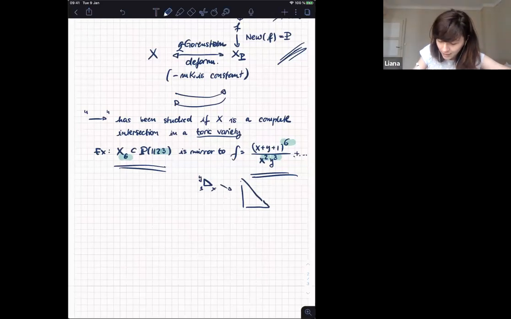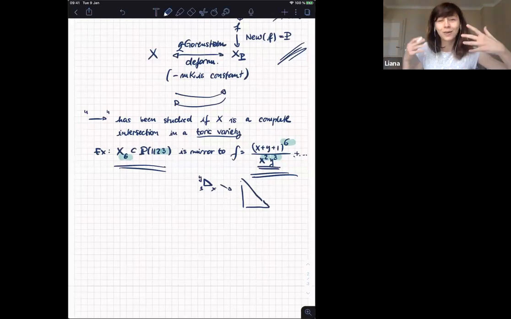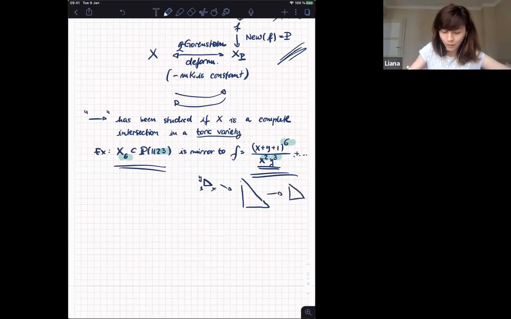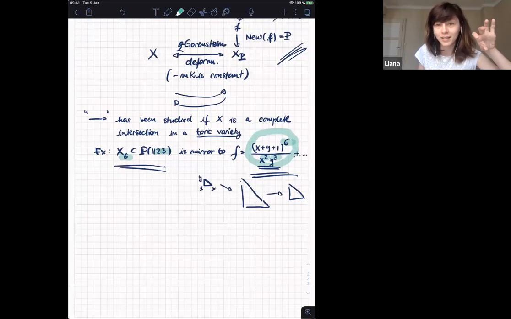And then when you divide by x^2 y^3, you just take this basic simplex and move it around somewhere in your lattice. You just make a translation. So whatever you do, from the shape this thing has, you're just going to obtain a basic triangle somewhere in your space.